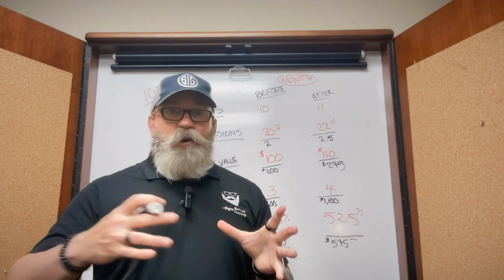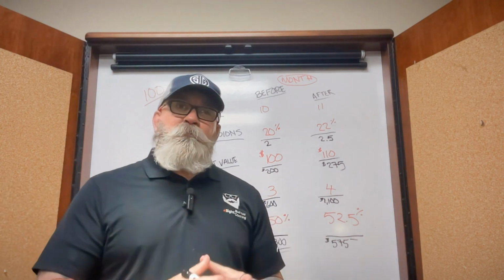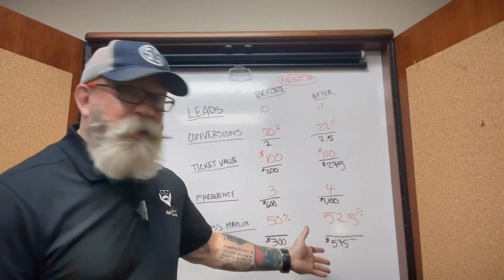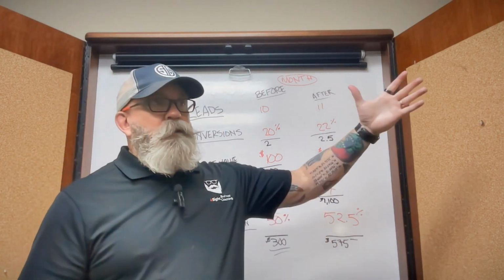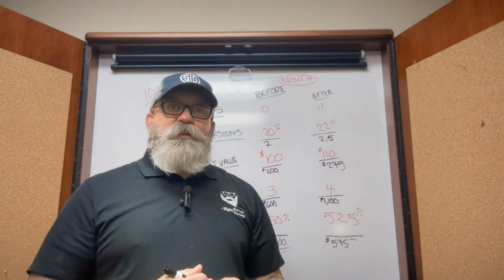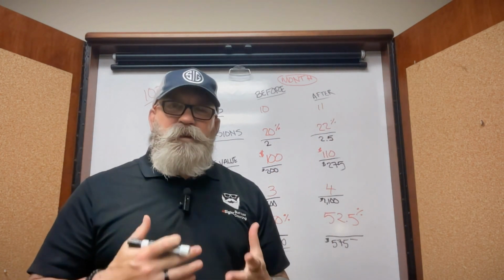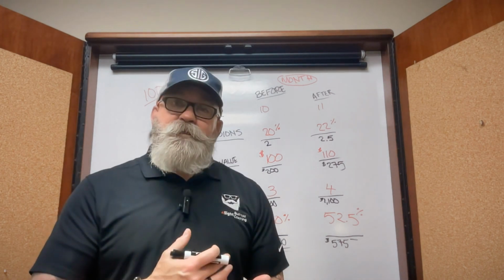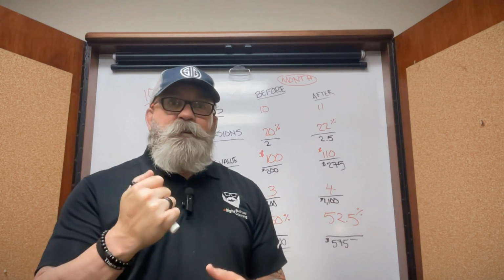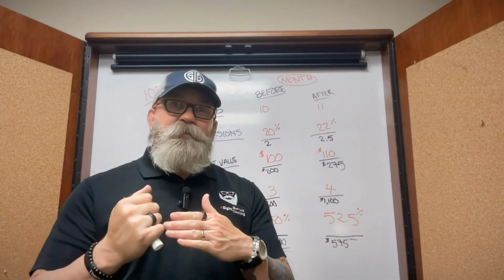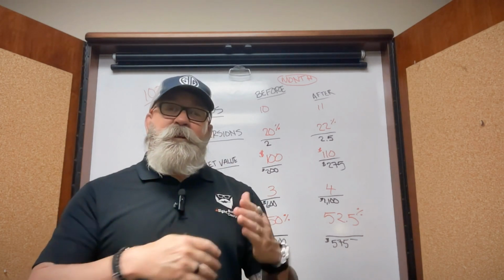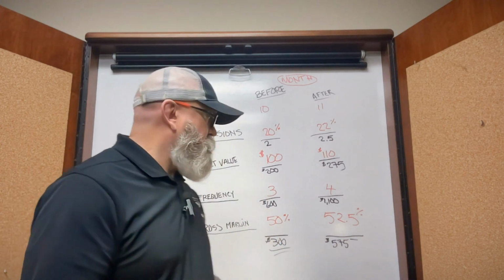Granted, that's part of the scaling process, but initially when you're trying to increase ultimately your bottom line, you are pulling on these levers one by one, and you don't have to move them a ton, right? The beauty of this is that it's like compounding interest. You move one lever, the starting point for the next lever is a little bit higher, and then the next one is a little bit higher, and it just works on top of each other.